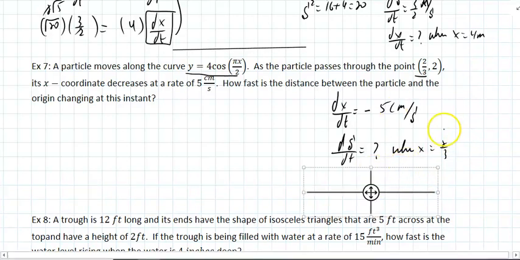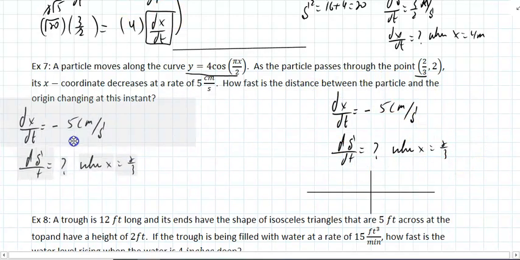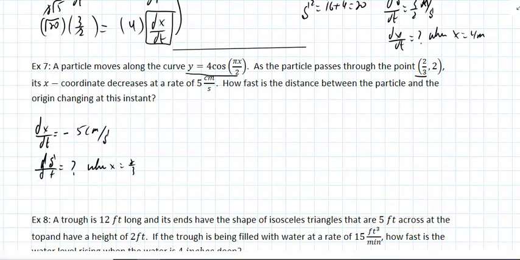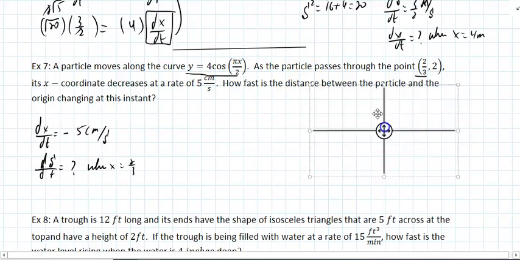If I look at the graph of this, the graph of a cosine wave at 4, let's say that's 2, that's 4.